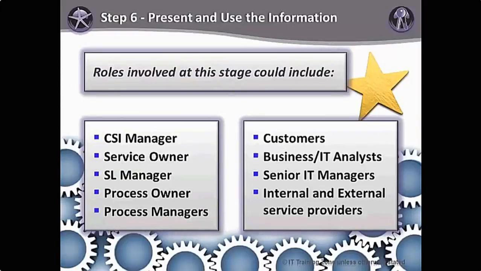Specific roles involved in presenting and using the data would be Continual Service Improvement Manager, Service Owner, Service Level Manager, Process Owner, Process Managers, Customers, Business and IT Analysts, Senior IT Managers, and internal and external service providers.